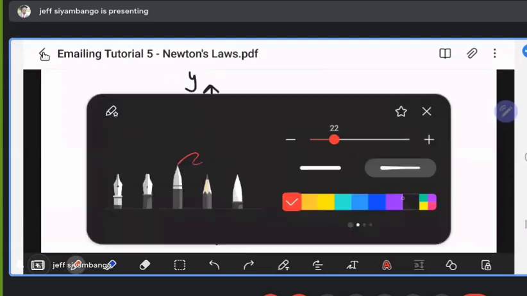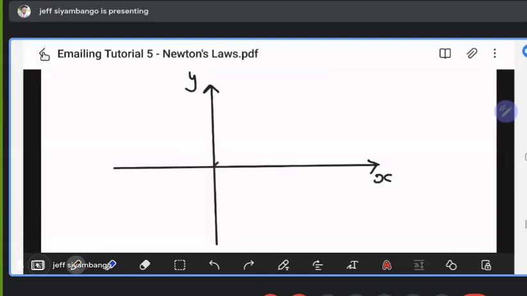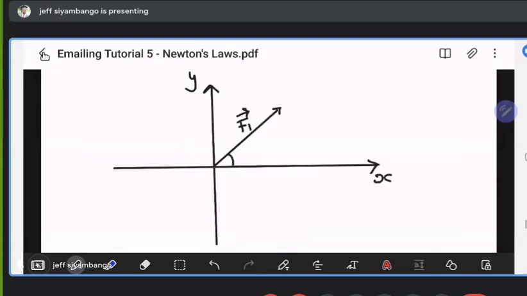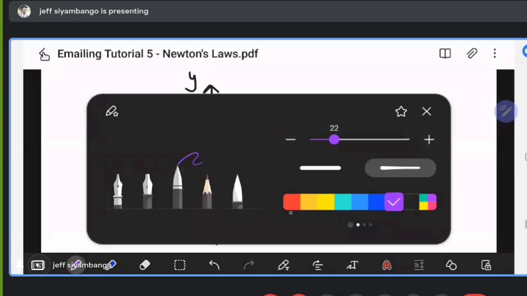Take a vector like this one. Let's say this is where F1 is. Say you have a vector here, F1, and I'll put a bar here to just mean that this is a vector. If you know what the angle here is, you can easily find the components of that vector. For now, this is just vectors. It's not even forces yet.